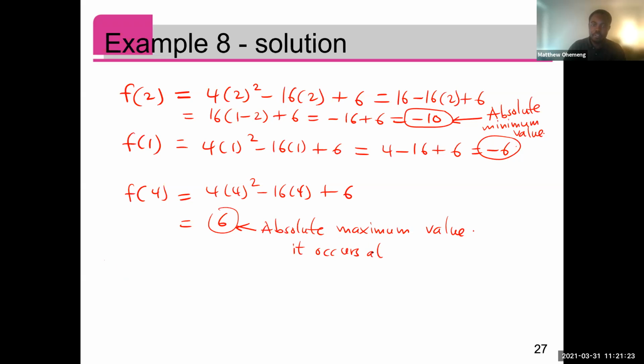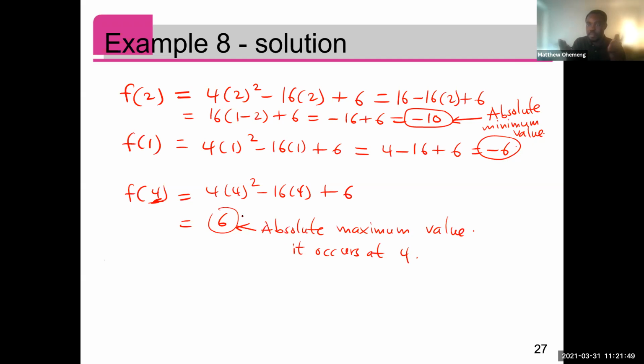It occurs at 4, because we evaluated the function at 4 to get this. As I was saying, please be careful with what the question asks. It could ask you for the value or where it occurs. Sometimes the absolute maximum or the absolute minimum could occur at several points. For example, you could evaluate f of 2 and get 6, and f of 4 also get 6, same 6.